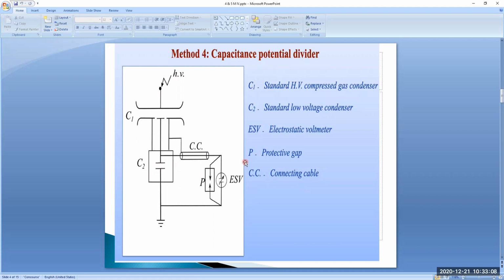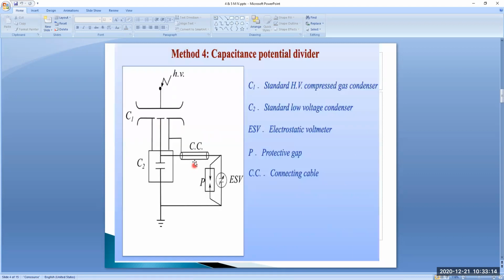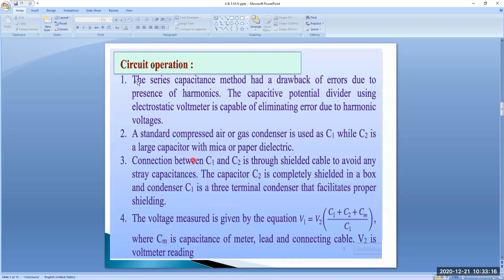Understood. Coming to the circuit operation, I think all of you have completed the diagram. The series capacitance method had a drawback of error due to the presence of harmonics. In the earlier class, we completed the concept called the series capacitance potential divider.